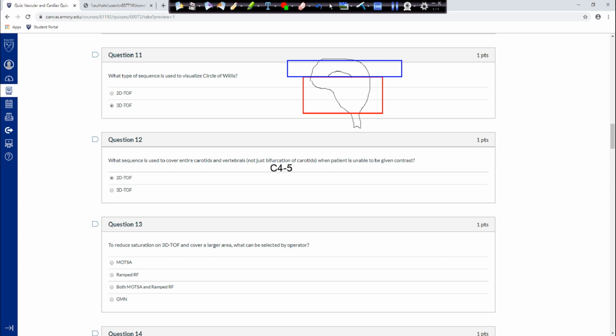Start from C2, count 2, 3, 4, 5. That's where you want to look for that bifurcation. Sometimes it might sit a little higher, at C3 too. So just 3, 4, 5, look in that area, see where that bifurcation is, and cover it with your 3D slab.